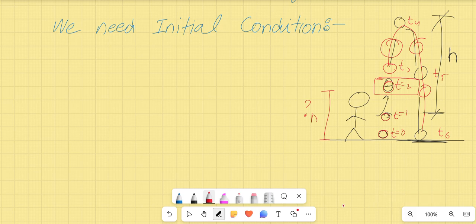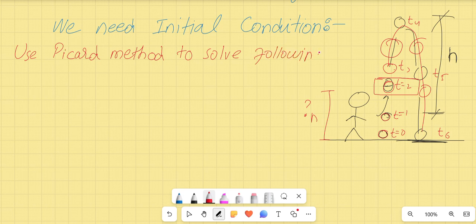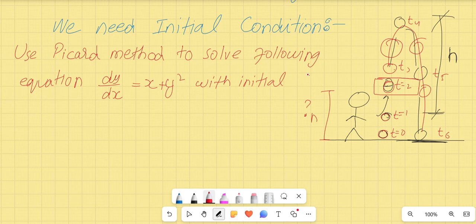Let's solve one numerical problem. For example, they say: use the Picard method to solve the following equation, dy by dx equals x plus y squared, with initial condition y naught equals 0.